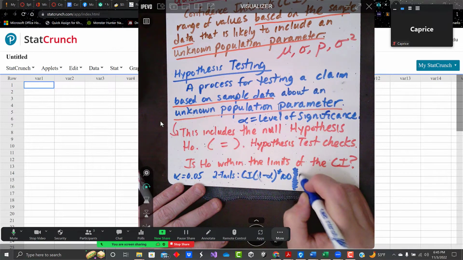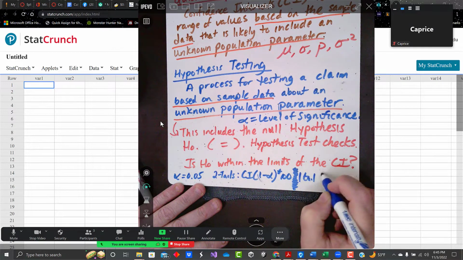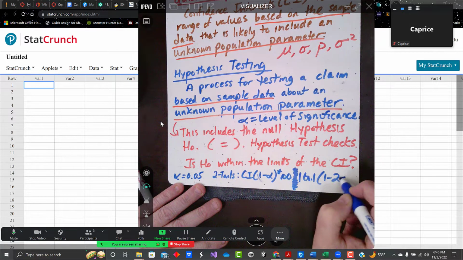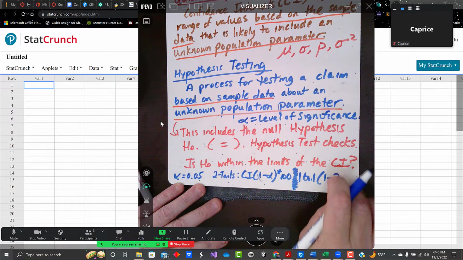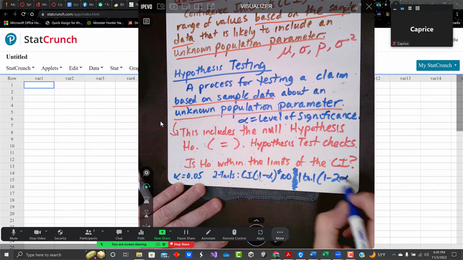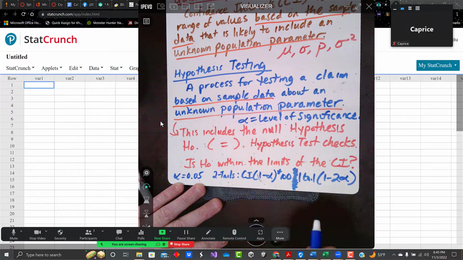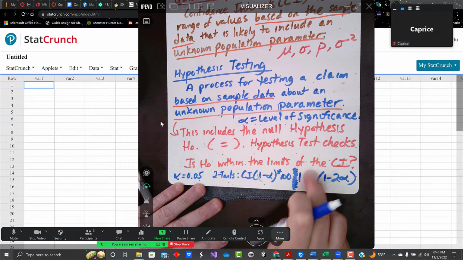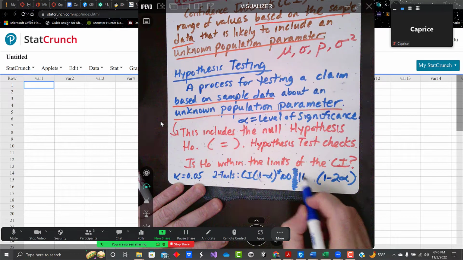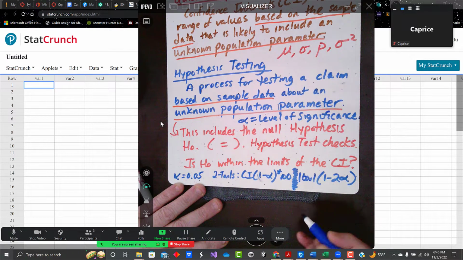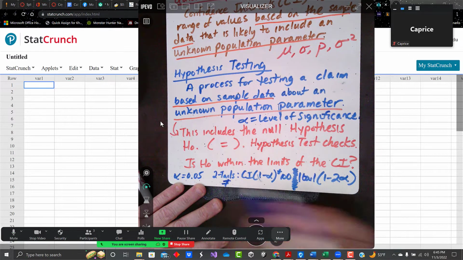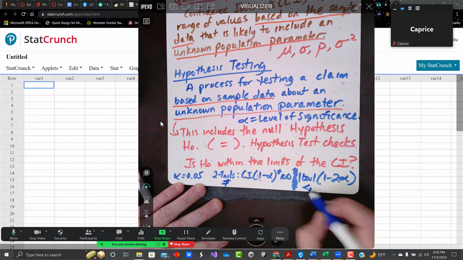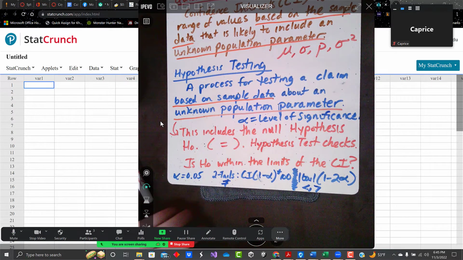And on the one-tailed test, it's 1 minus 2 alpha. The two-tailed one is the does not equal. The one-tailed test is either the less than or the greater than.